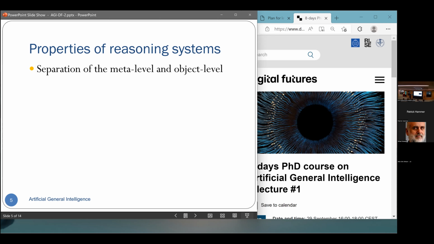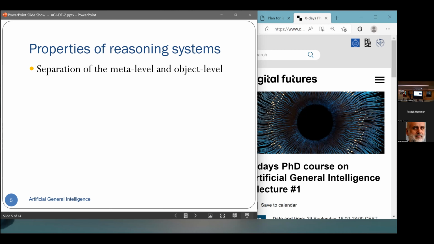They're all object level. Meta level, on the other hand, is talking about how to process the object level knowledge. Actually, what I just said in the previous slide, they're all meta level things, like grammar rules, inference rules, control mechanism, and so on. And that part is clearly separated from the content of your knowledge.